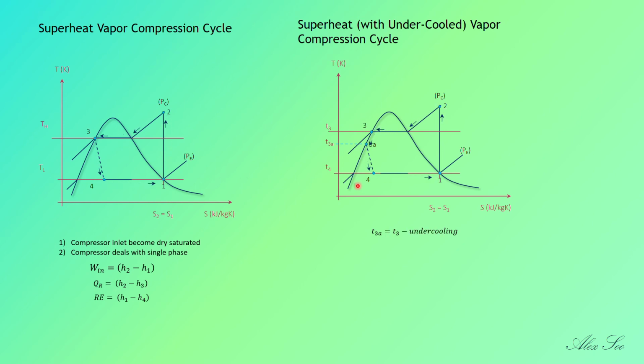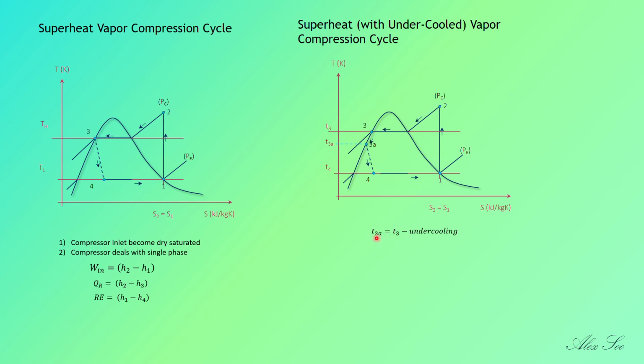Then for undercooling, if you want to find the temperature at point 3A, because you need to find the enthalpy, if the question gives us a degree of undercooling, you need to take the saturation temperature T3, which is based on the condenser pressure, minus the degree of undercooling.